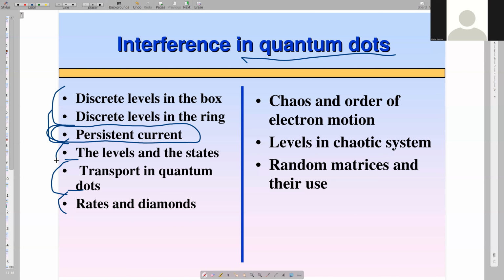Then I'd like to change the topic. That will be in the second half of the lecture, and come back a little bit to random matrix theory, which we have shortly discussed last time.